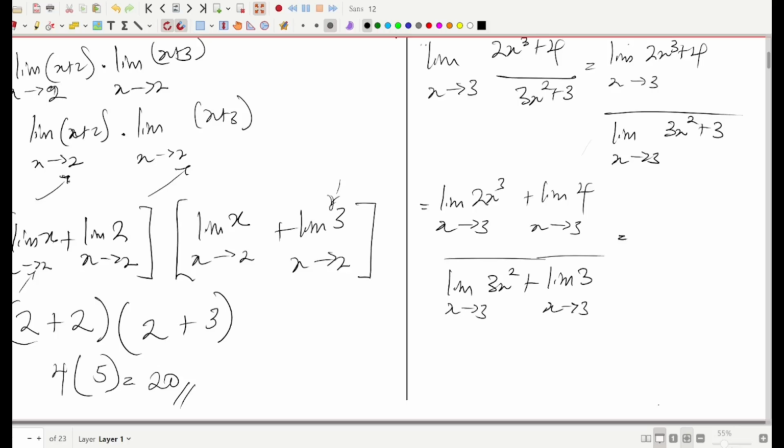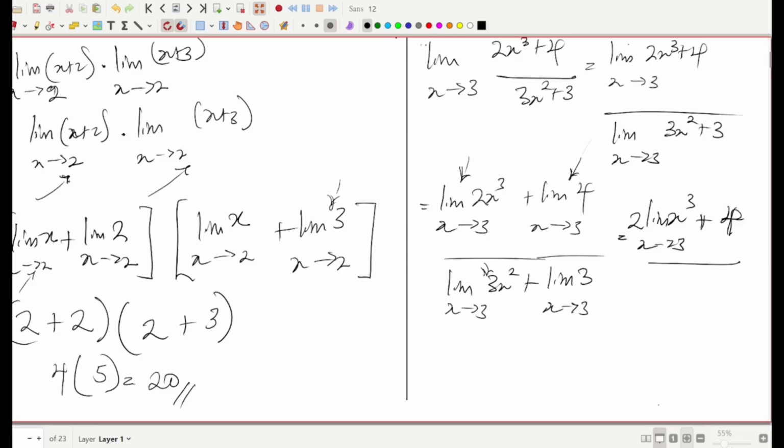And this becomes, for the first one, you realize there is 2 here, which is a constant. You can move it inside and out of the limit. So I can write this as 2 times the limit of x cubed as x approaches 3 plus the limit of a constant, the constant itself. So 4 divided by, you can do the same thing here.